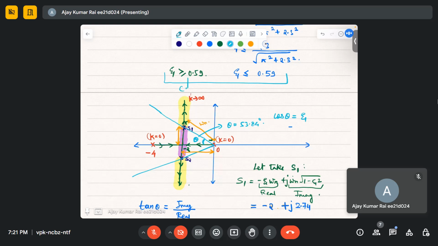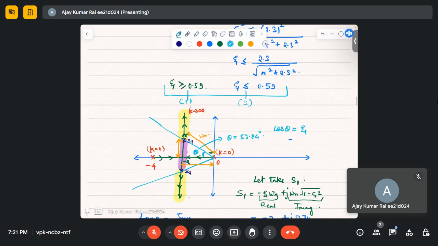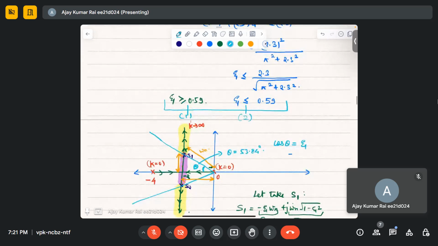So this is first. Which sign should I choose, first one or second one? The first one. So why are we choosing the first one? Everyone is clear.